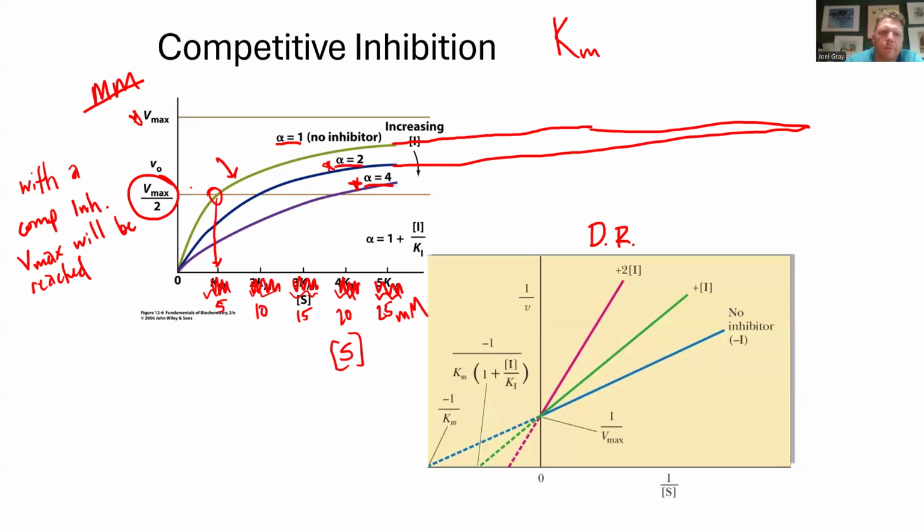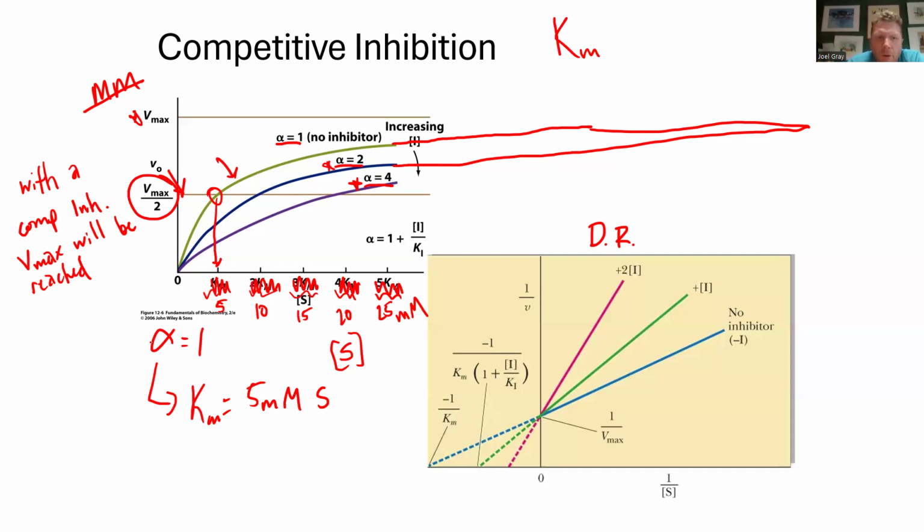So that's my x-axis. This line right here shows me what I need to coordinate my y-axis, my Vmax over 2, to my x-axis. So for alpha equals 1, my Km equals 5 millimolar of my substrate. I need 5 millimolar of my substrate to reach half of my Vmax.